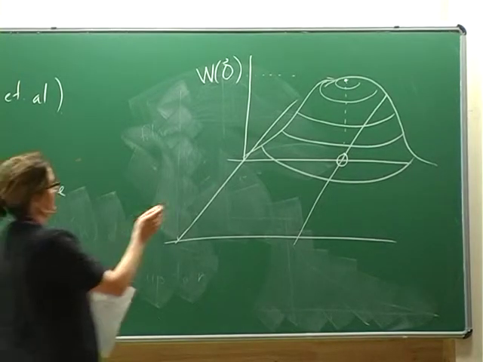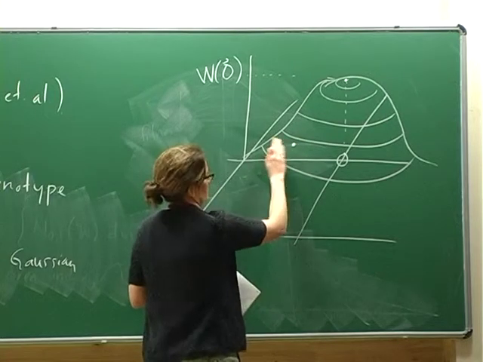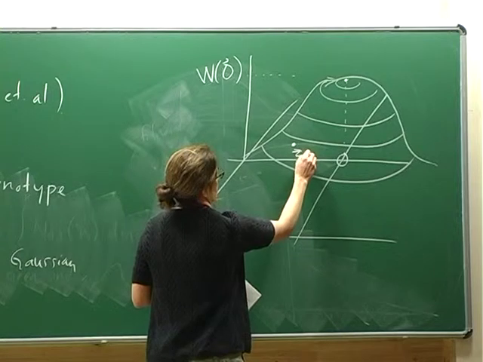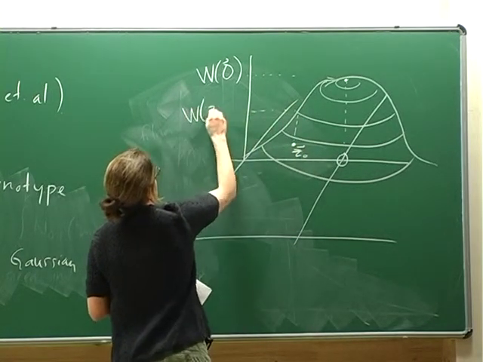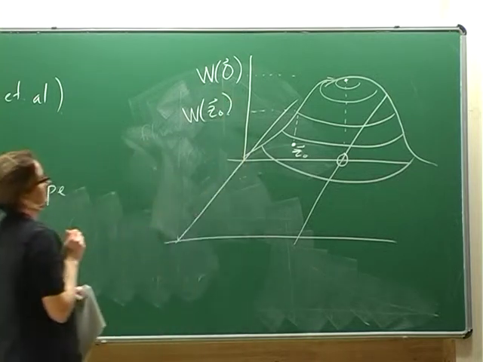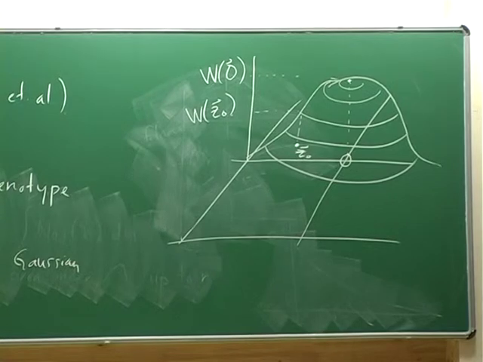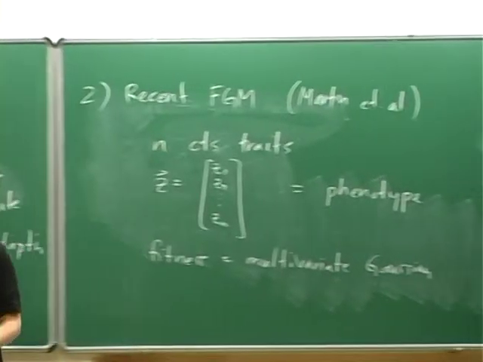And the current wild type is at some other point. This is on the flat plane at some point Z0 and has fitness W of Z0. Yeah, you with me? Yeah. Or those of you that want to be with me at least are with me.